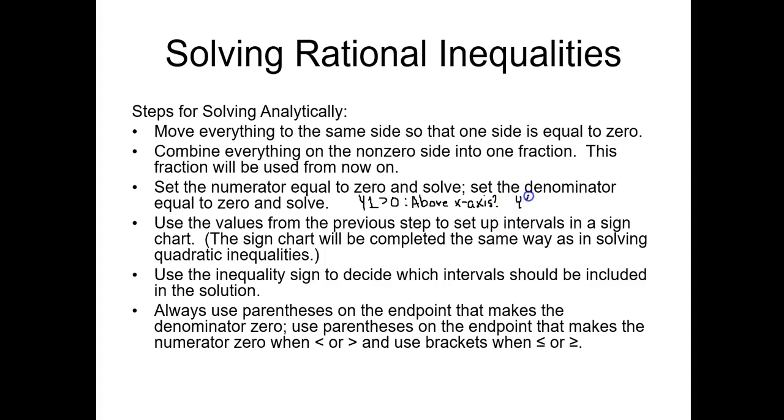And if you end up with less than 0, you're trying to see where it is below the x-axis. Because equals 0, that's where it crosses the x-axis. That's the x-intercepts.